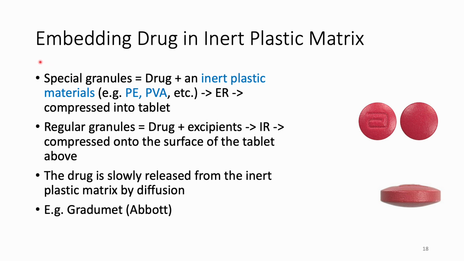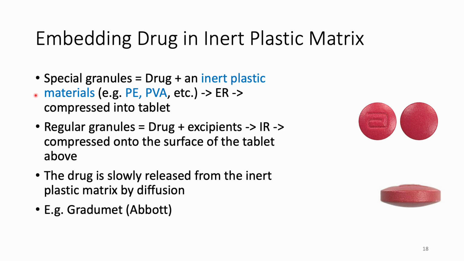And as usual, any kind of extended release, even embedding drug in an inert plastic matrix, always contains some regular granules. Regular granules include drug plus excipient for immediate release, and these kinds of granules are usually compressed on the surface of the tablet.